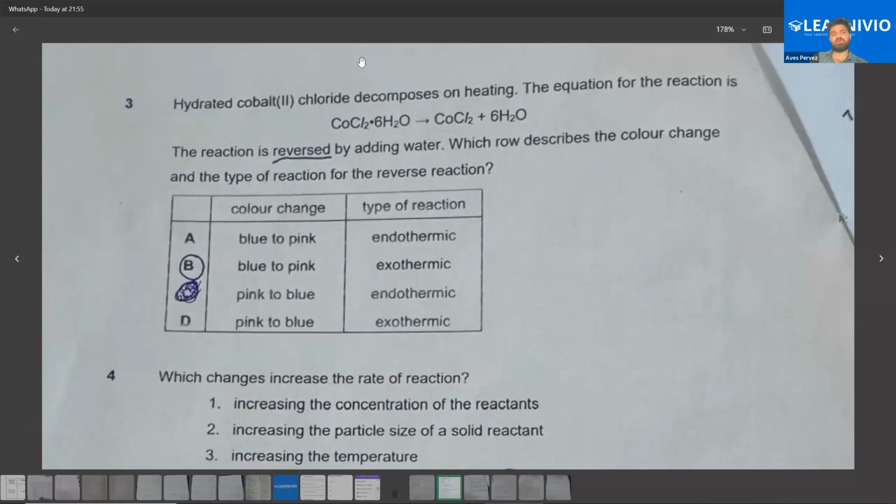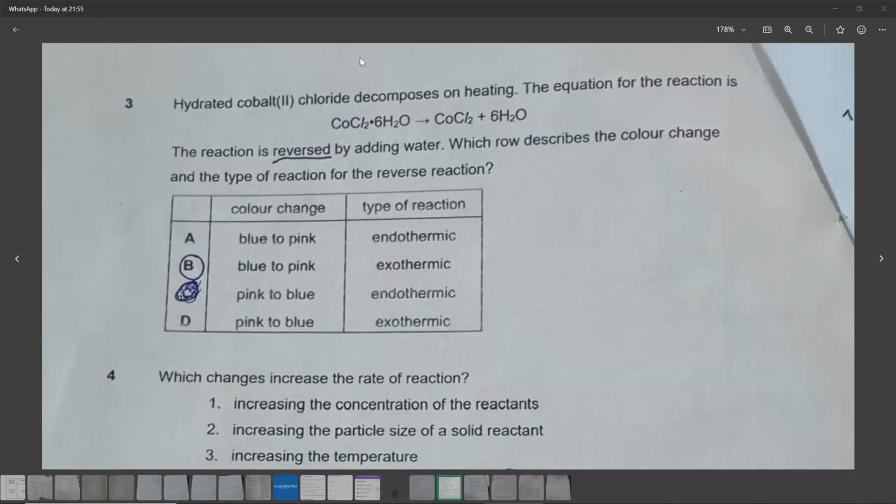Okay, do question number 3. Just a minute, I'm coming. Cobalt chloride decomposes on heating. The equation for the reaction is shown. The reaction is reversed by adding water. Which row describes the color change and the type of reaction for the reverse reaction?